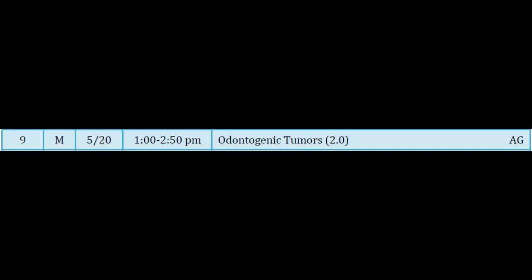So what do you see here? Is it radiolucent, radio-opaque, or mixed? You guys have to make up your mind. Mixed. That's good. This is a mixed lesion. Why is it a mixed lesion?